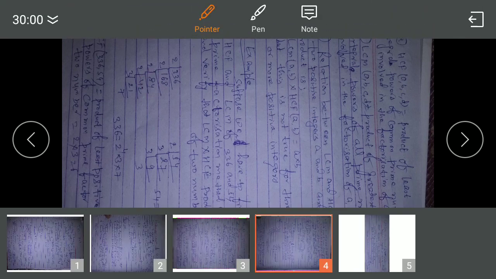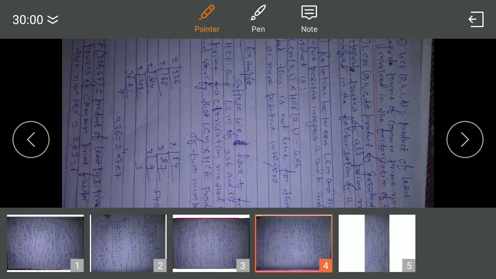In this way 336 has been factorized: 2^4 × 3 × 7. Now come to 54. 54 divided by 2 gives 27. 27 divided by 3 gives 9, and 9 divided by 3 gives 3. Thus 54 = 2 × 3^3.